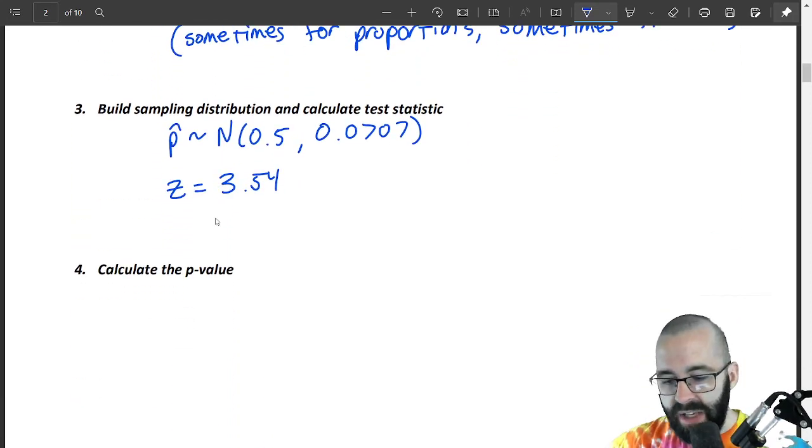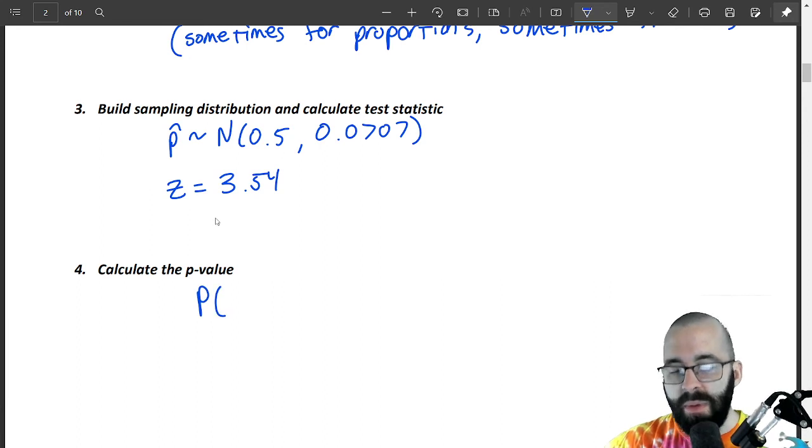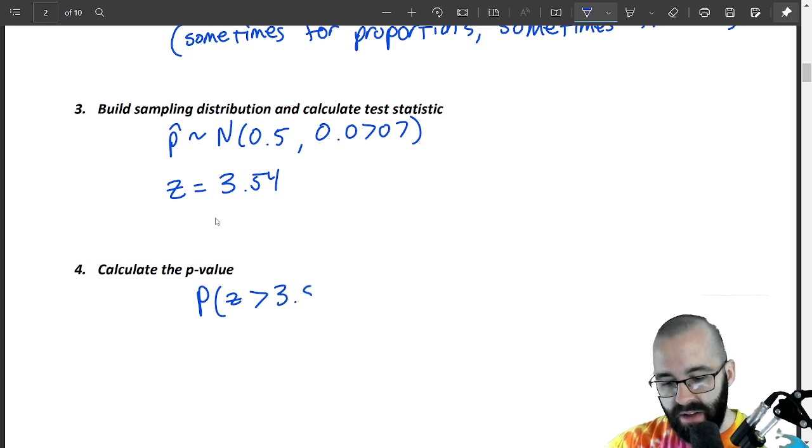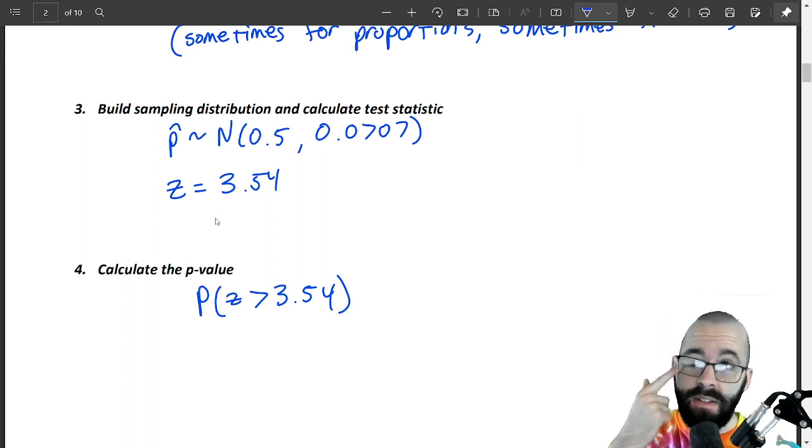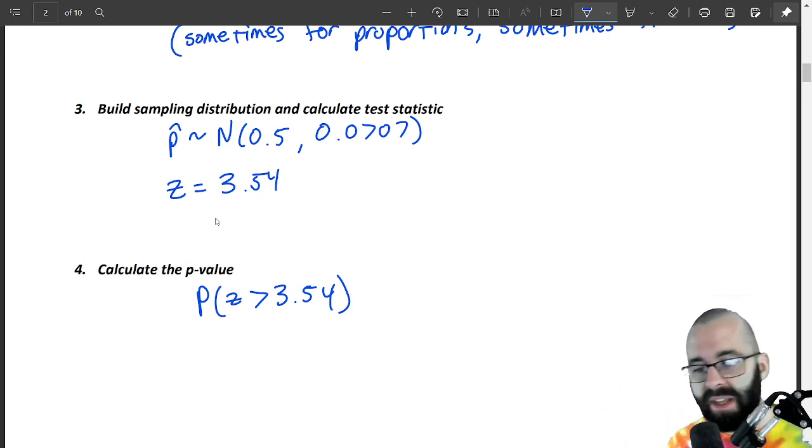And then we calculated the p-value, which is really just what is the probability the standard normal variable is bigger than our test statistic. Okay. Sometimes it's bigger, sometimes it's less than, sometimes it's something else when there are two tails.